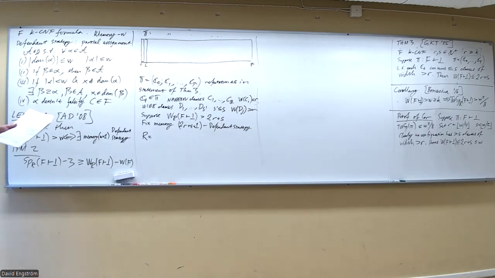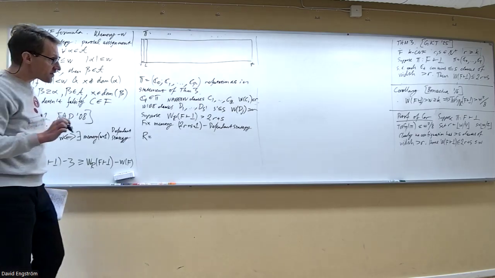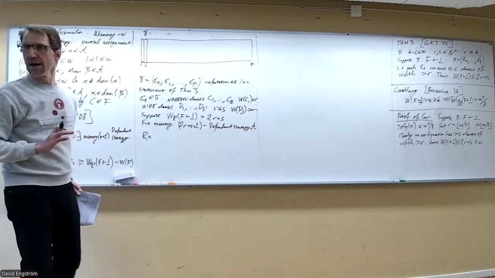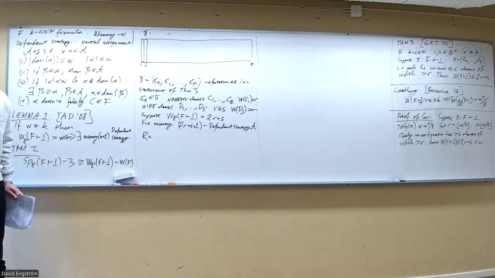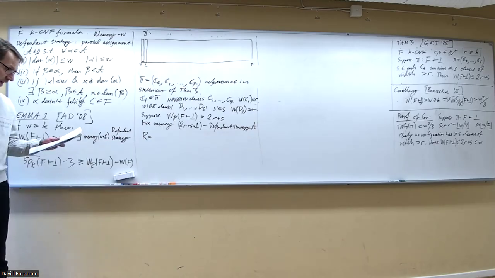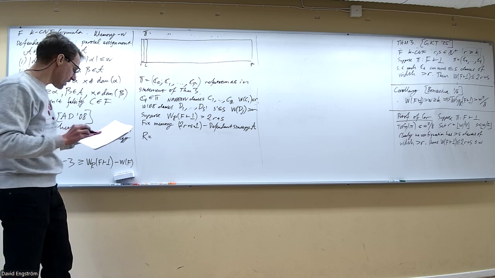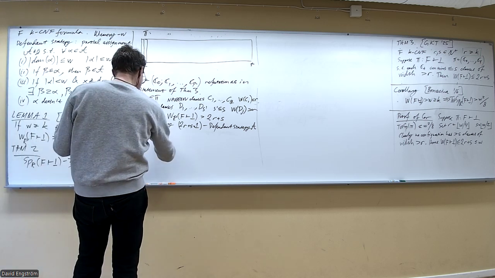Clearly we're deriving contradiction. So at some point, this dependent strategy A is starting to violate clauses. It violates contradiction, right? And at some point even it starts violating narrow clauses. So let R be the first time that happens.